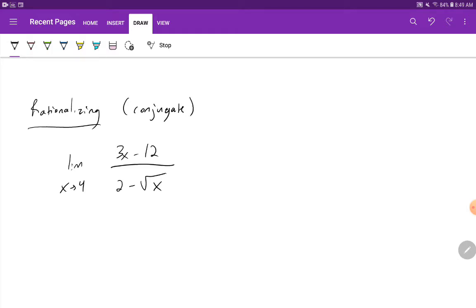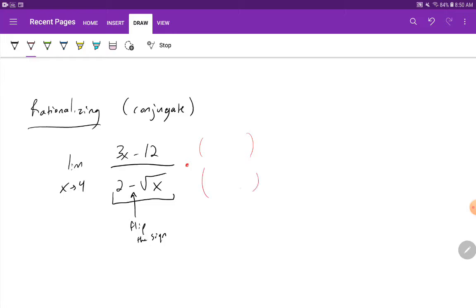And if you don't know what that is, look it up. You're supposed to know what that is. The conjugate is basically, if you have any sort of binomial with a rooted term, just flip the sign in the middle. And that's what you're going to multiply by the top and bottom.